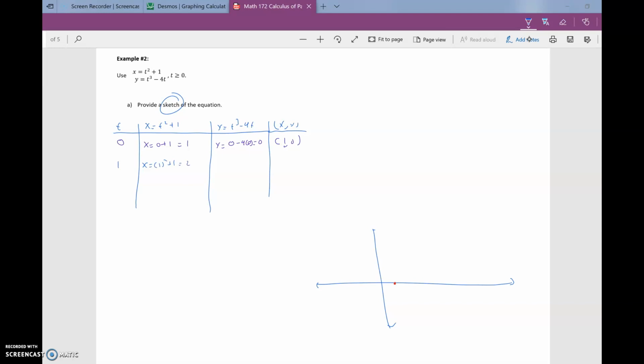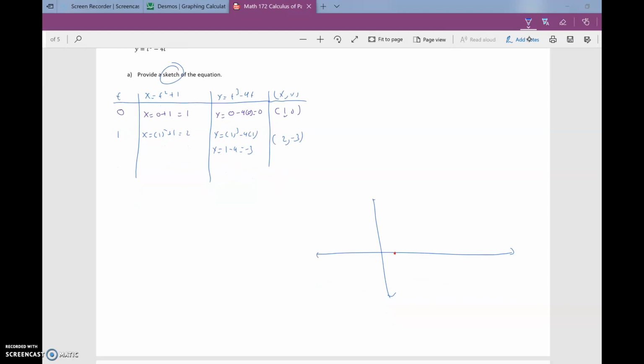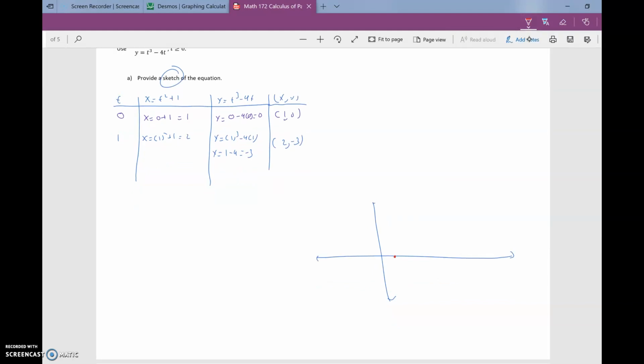And then y is equal to 1 to the third minus 4 times 1. So y is equal to 1 minus 4. I'm getting -3. So the coordinate point is going to be 2 comma -3. So technically that's going to be 1, 2 and 1, 2, 3. That's going to be here.